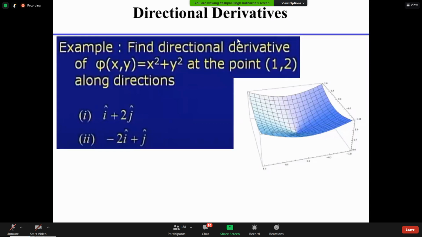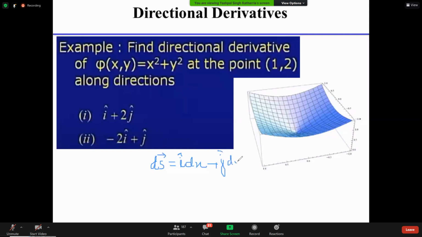Okay, so is there anybody else? Sir, how did you write ds is equal to square root of dx square plus dy square? This I already told, an infinitesimal length element in Cartesian coordinates. How is it given? You remember? i cap or x cap into dx plus j cap into dy.